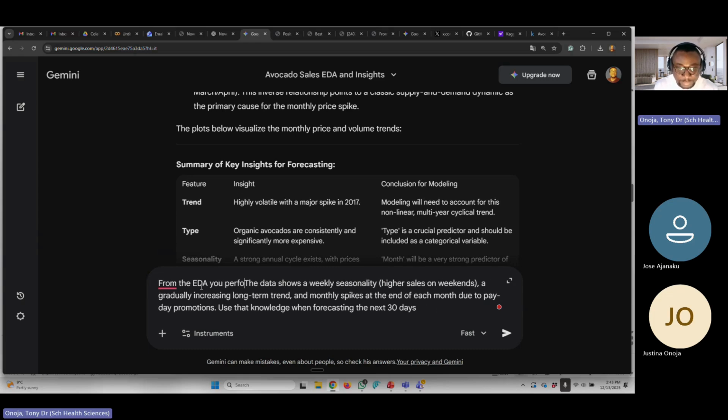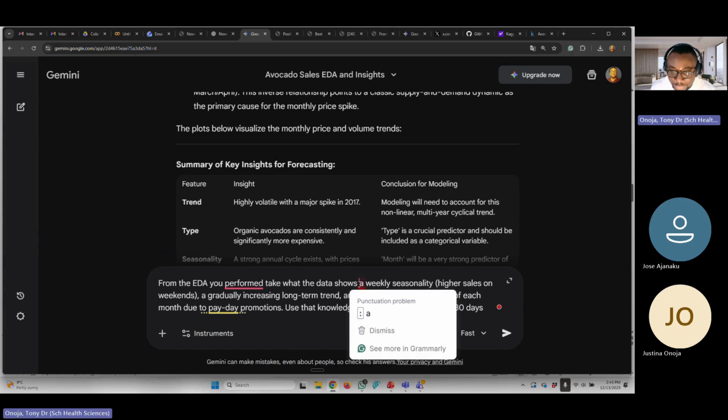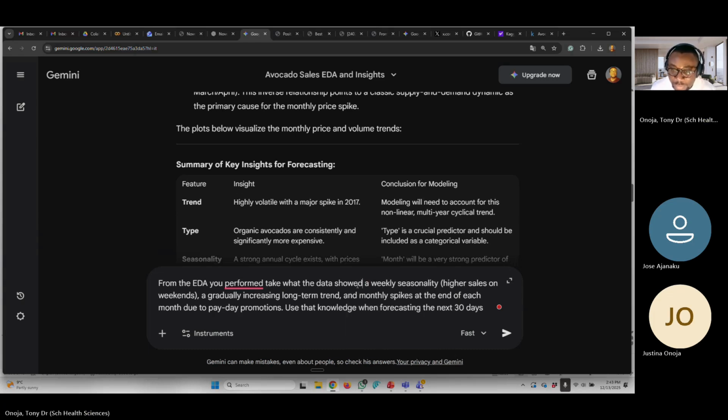you've performed, take what the data showed on seasonality. Of course, we know this was months, not weekend.